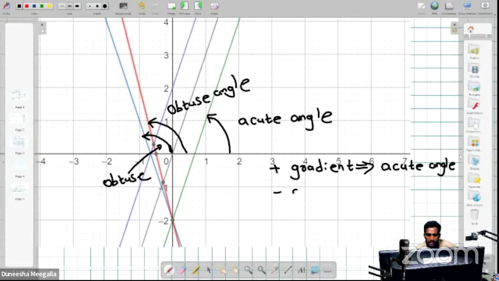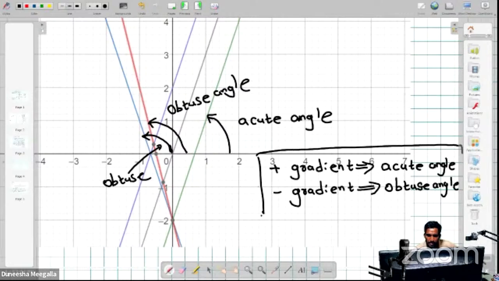If there is a minus gradient, what angle is formed? Yes, an obtuse angle. Write down this.